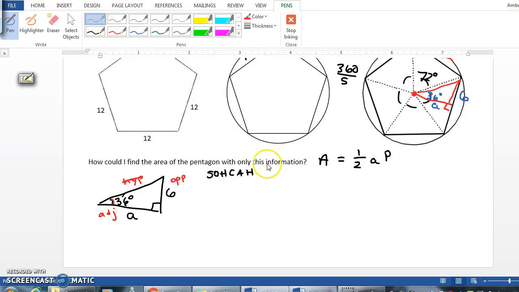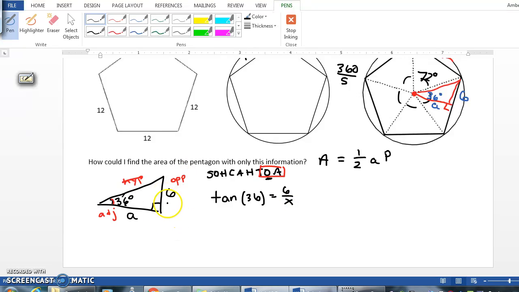Oh, forgot to finish the TOA. Because we are using tangent, we have the opposite and adjacent. So tangent of my angle is equal to the opposite divided by the adjacent. And now we can solve for x.